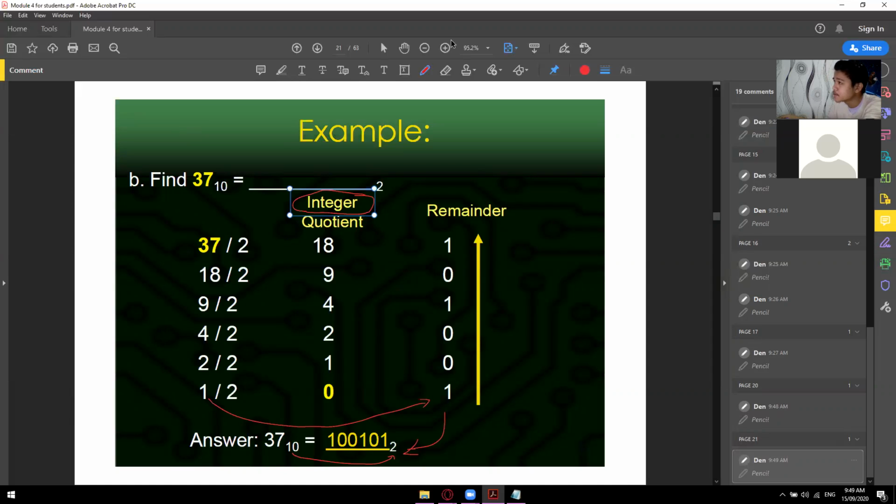Okay? So did you guys get this one so far? Or more examples? Question or clarification? Did you get it? Please type gets or not gets if you did not get it.